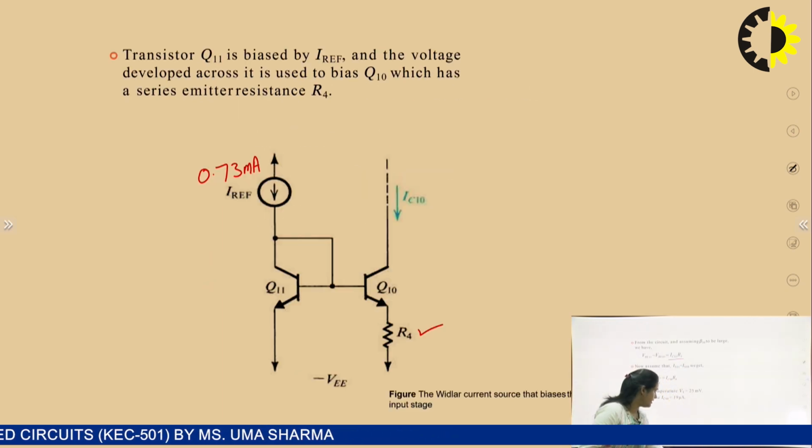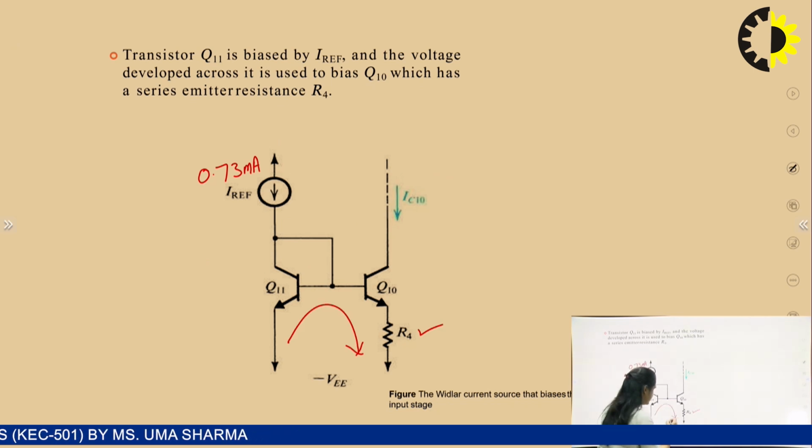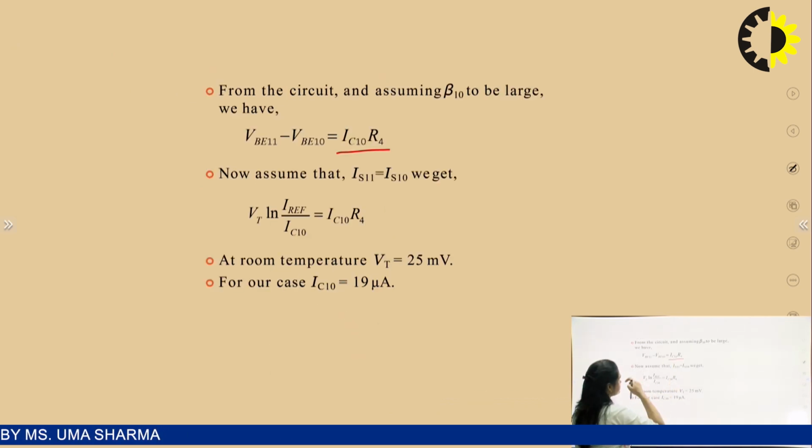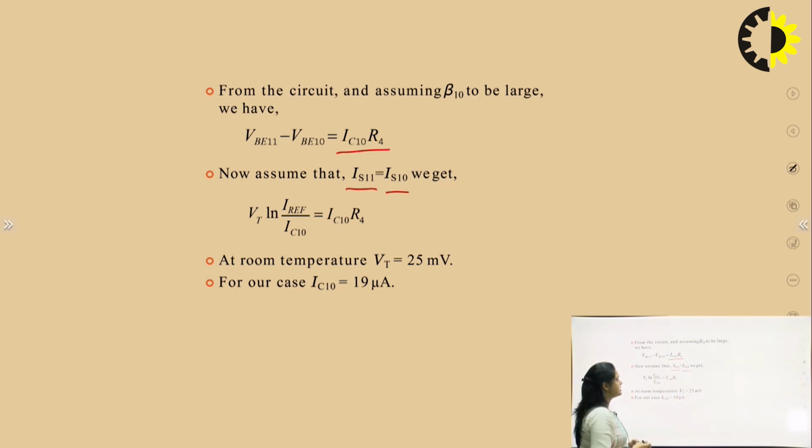Just apply KVL in this loop and you will get this expression, and here IS11 is equal to IS10. This is given in the device parameters of the 741 IC. The value of the reverse saturation current IS is also given for NPN and PNP transistors. So now you can calculate the value of IC10 into R4 just by calculating VBE11 and VBE10.